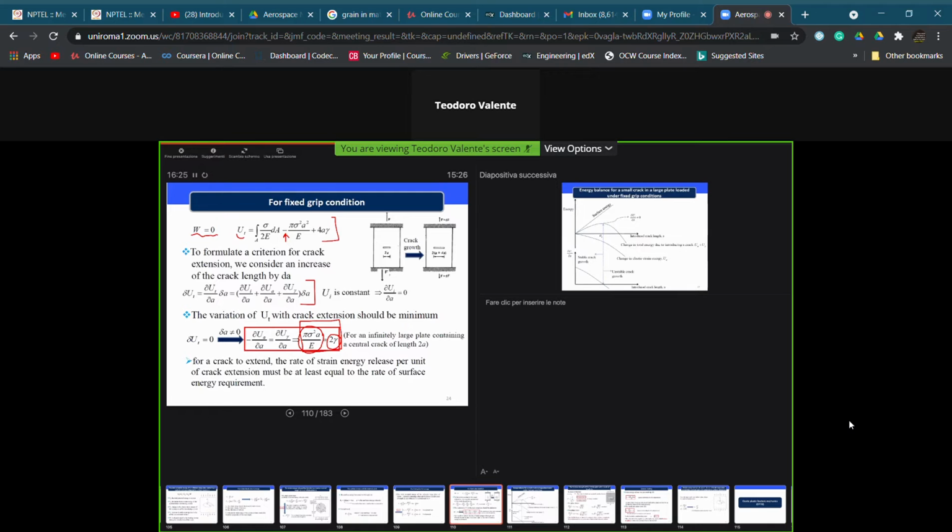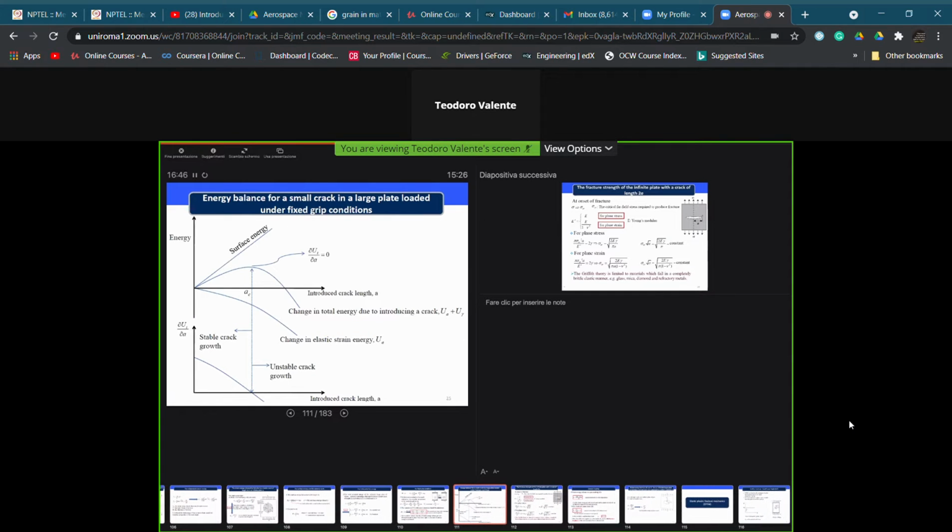The crack can propagate when the first term, which expresses the energy released, is higher than or equal to the energy requested to create new surfaces, that is, crack extension.